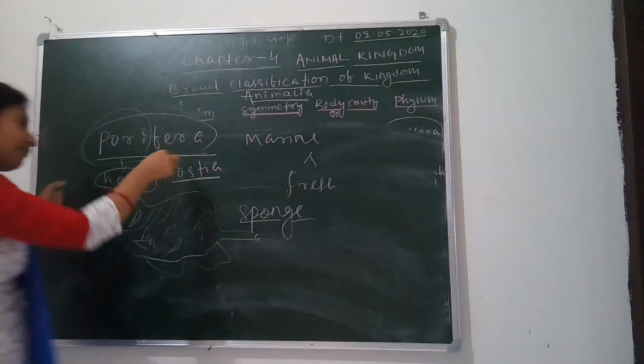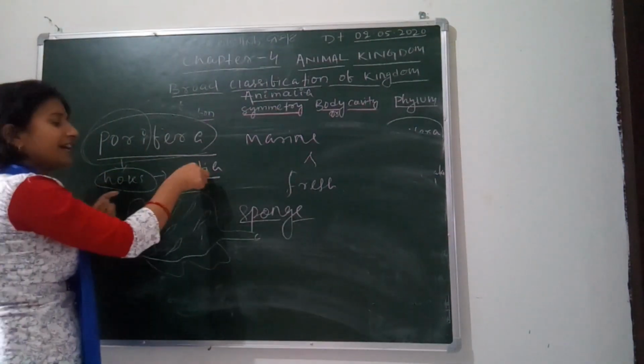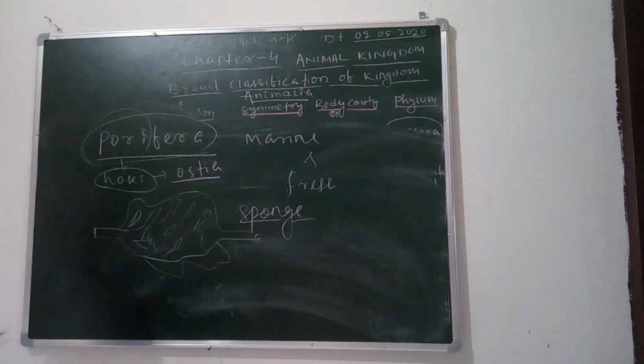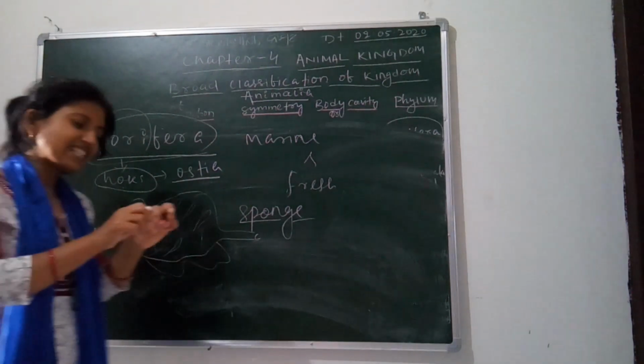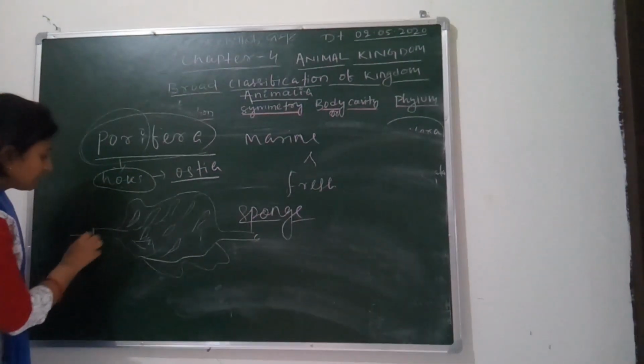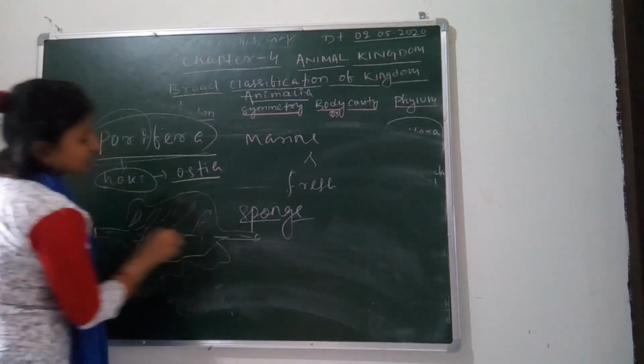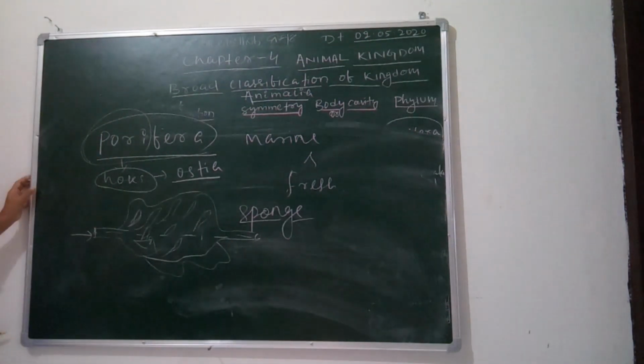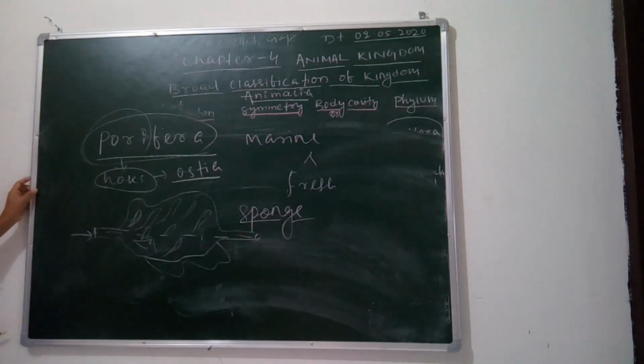After entering through the ostia, the water goes towards the spongocoel, which acts as a canal system like this. Water passes through it, and during its passing it takes the nutrients.